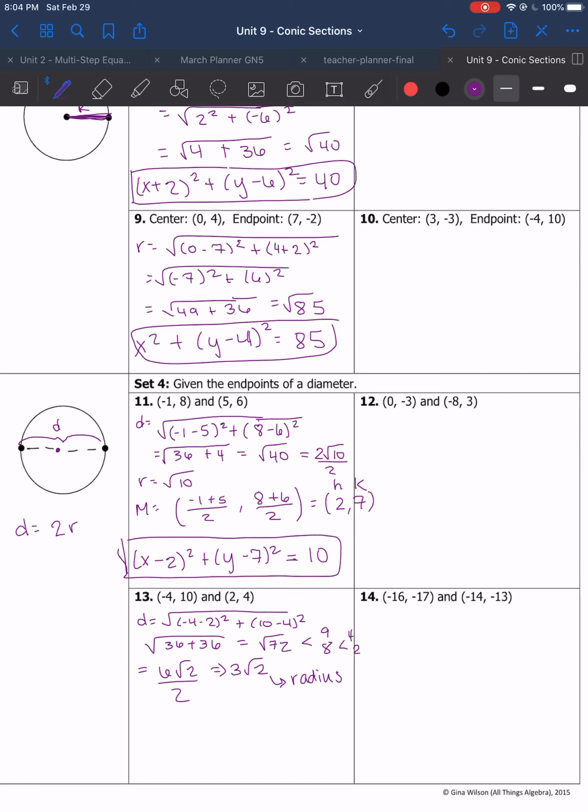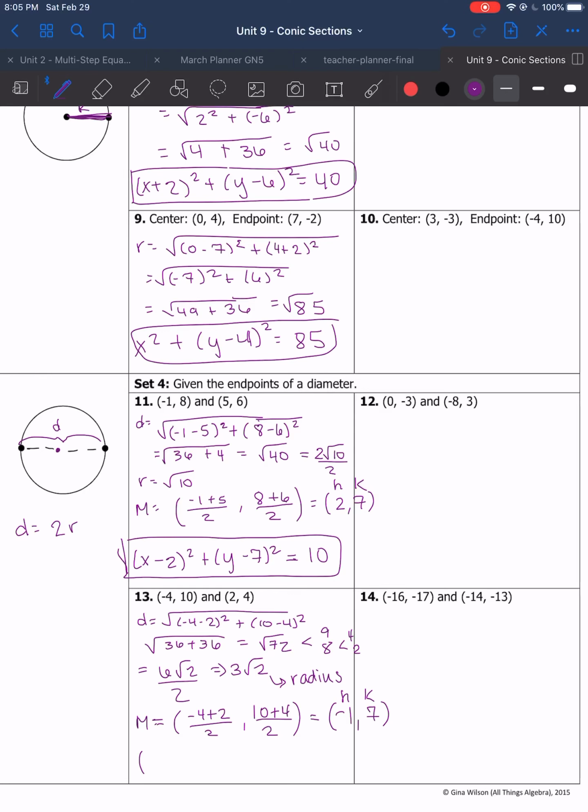And then to find the midpoint, I'm going to take -4 plus 2 and divide by 2, and then I'm going to take 10 plus 4 and divide by 2, and I'll get (-1, 7). So that's also h and k, because that's now my center.